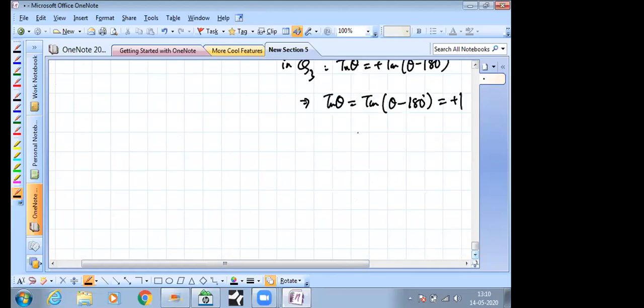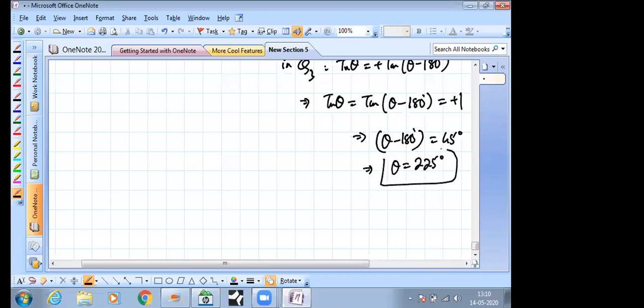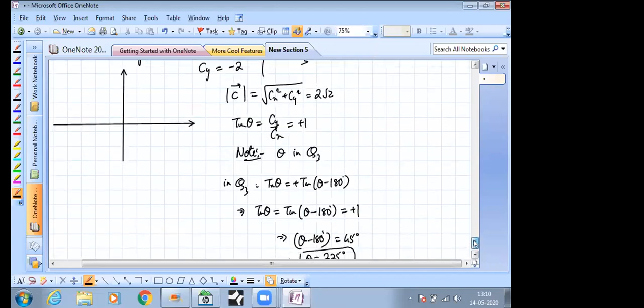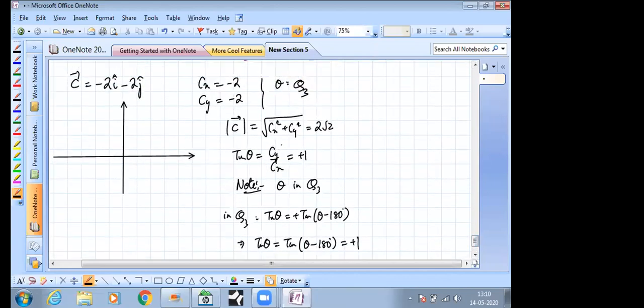So theta minus 180 is equal to 45. So theta is how much? It is 225 degrees. If you want to do it strictly by the formula method, this is what we have to stick to. You have to be very, very correct in your application of trigonometry. Okay, tan theta is 1, but theta is not in the first quadrant. Theta is in the third quadrant, so I have to rewrite the formula for the third quadrant, which is this one.